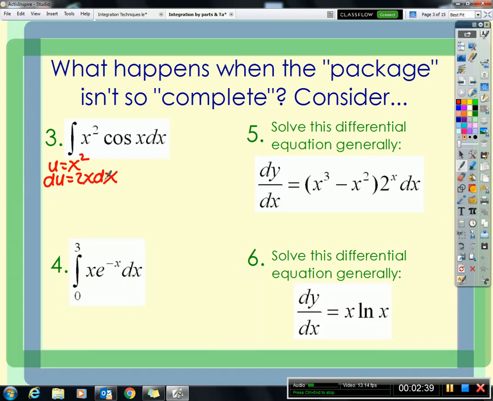So then you might try letting u equal cosine x. But then du would have to be negative sine x dx. And again, you don't have anything in the problem that would allow you to put in dx. You can't put it as du over negative sine x because that still is going to give you too many letters. So that's not going to work.